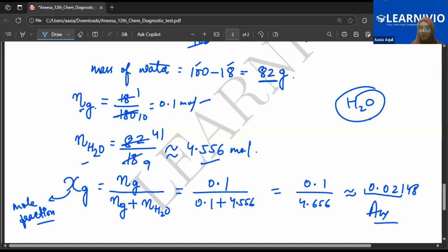Mole fraction is the ratio of the number of moles of that species, that component which you are finding, divided by the number of moles of each and every component. There are two components: component number one glucose and component number two water.